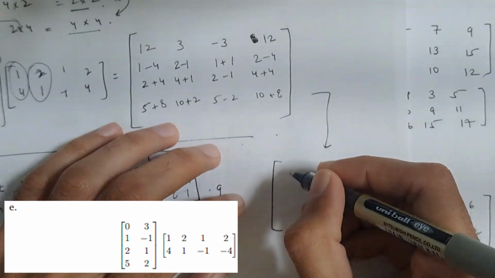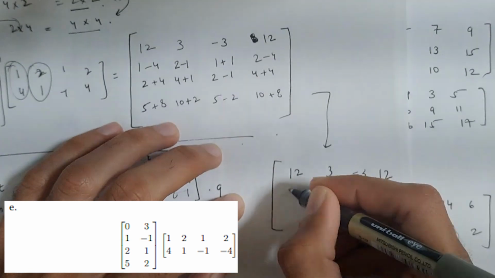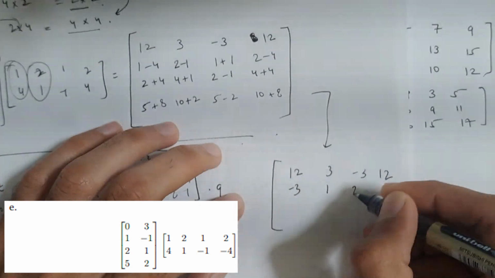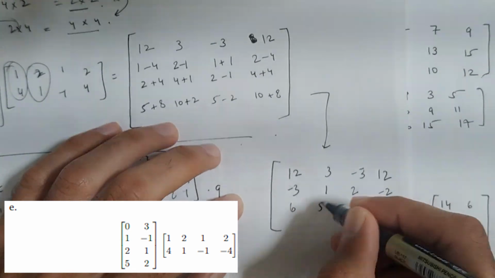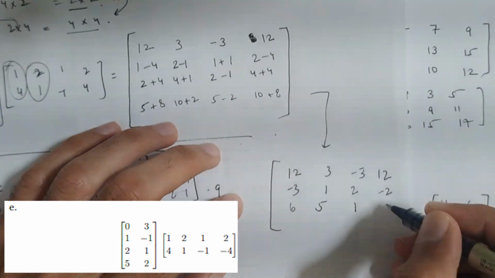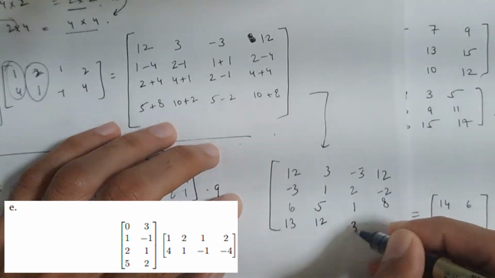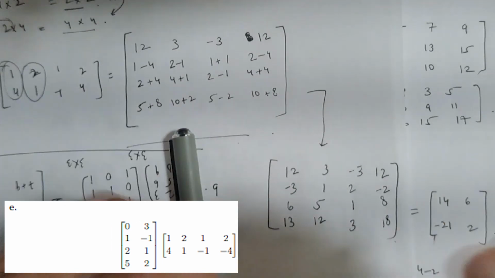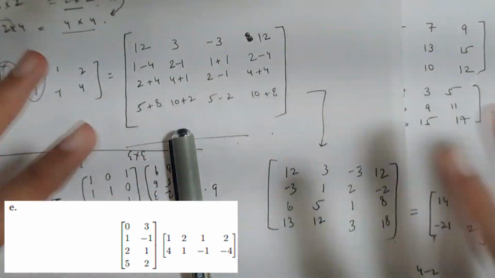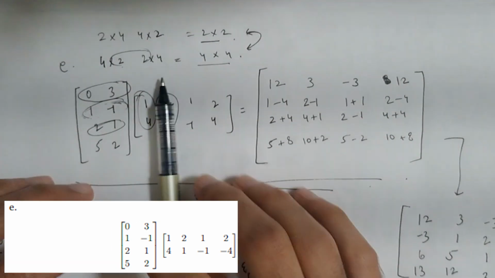That would be 12, 3, minus 3, 12, minus 3, 1, 2, minus 2, 6, 5, 1, 8, 13, 12, 3, 18. Again, there might be minor arithmetic errors in this, but the approach is generally solid, and this is how it must be done. Right, thanks.